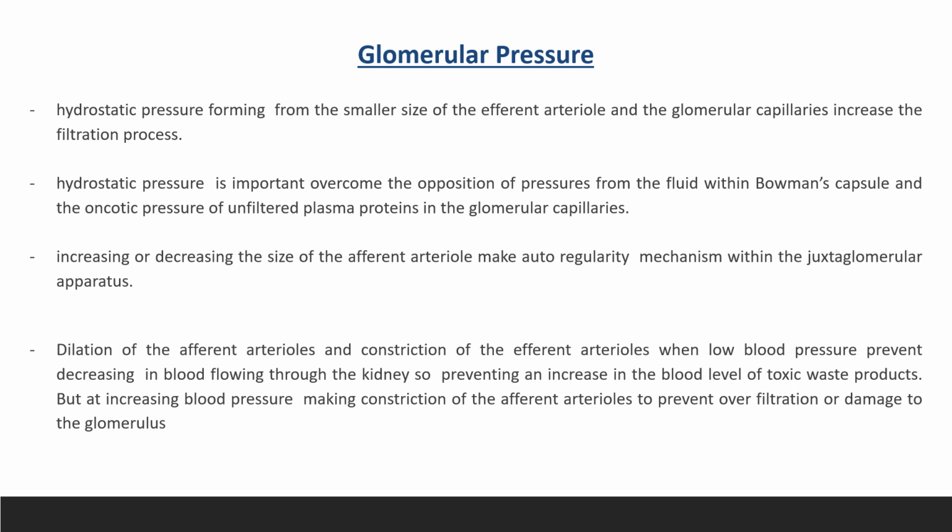Dilation of the afferent arteriole and constriction of the efferent arteriole when blood pressure is low prevent decreasing of renal blood flow and prevent increasing the level of blood toxic waste products. But increasing blood pressure may cause constriction of the afferent arteriole to prevent overfiltration or damage of the glomerulus.